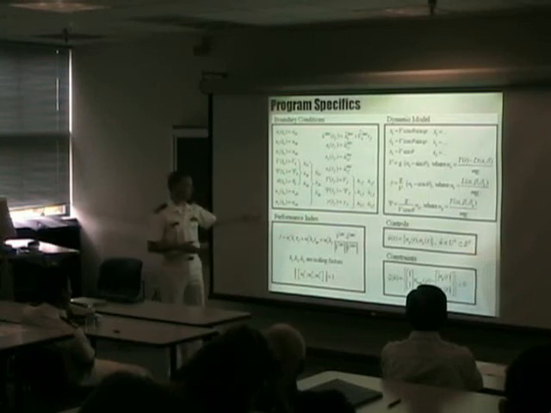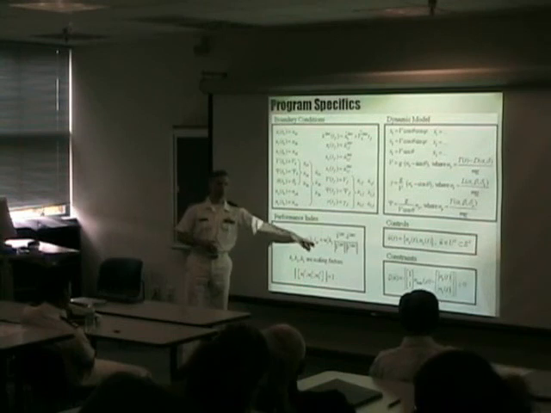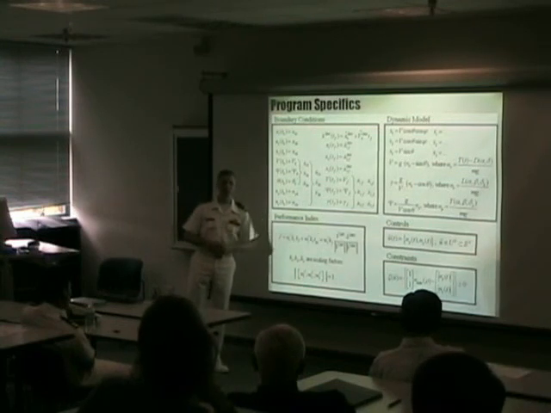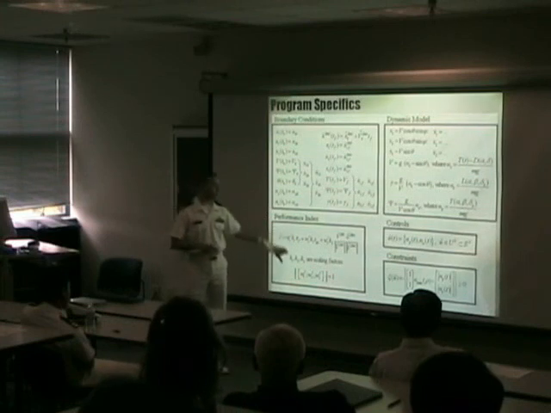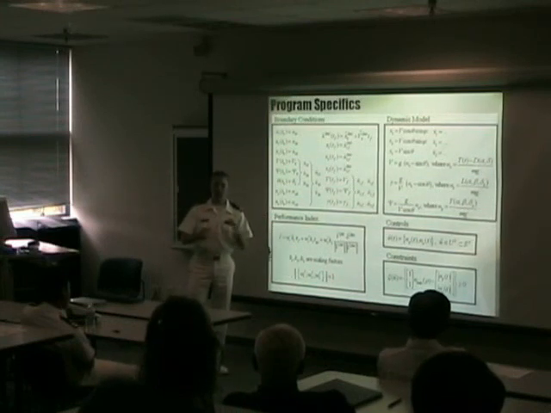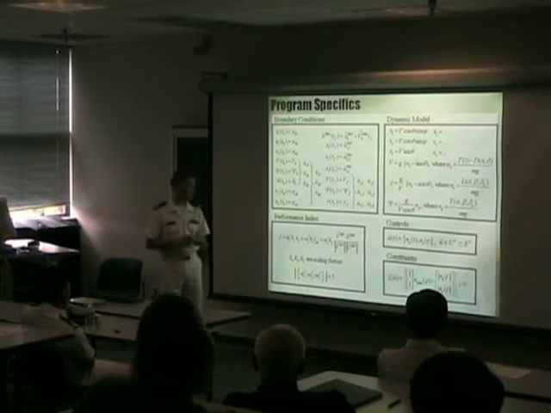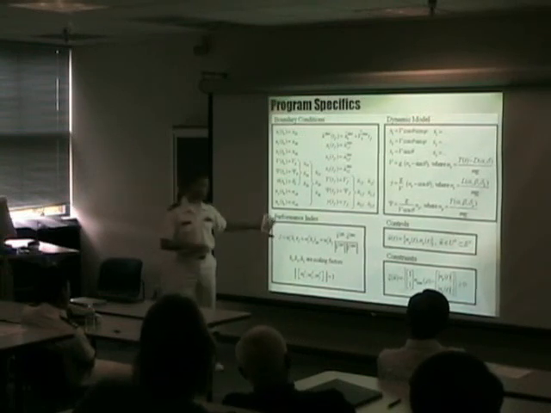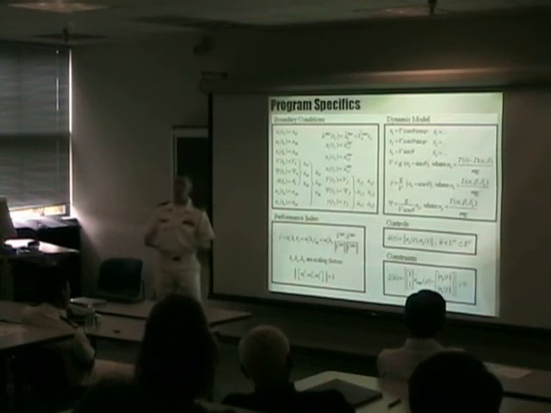What I've developed is a performance index, which is a summation of tau, time to go, and then a representation of the angle of impact. And by using scaling factors and weighting factors, I can vary the amount of each one of these that impact on the performance index. And my program goes through and minimizes this value of J, and the minimum value of J is going to be the optimum flight path.